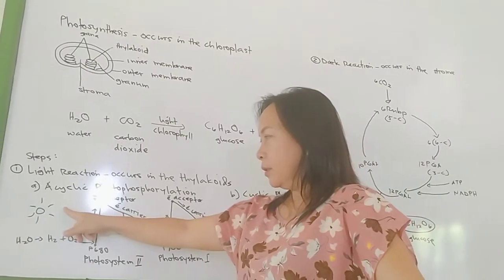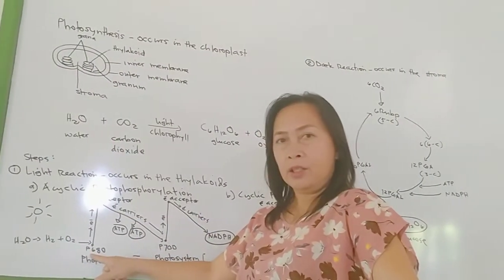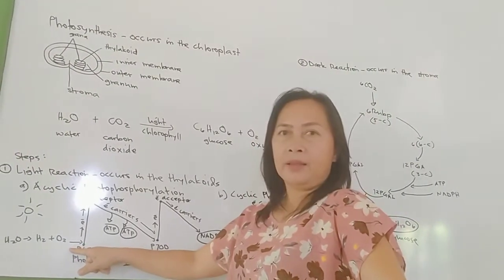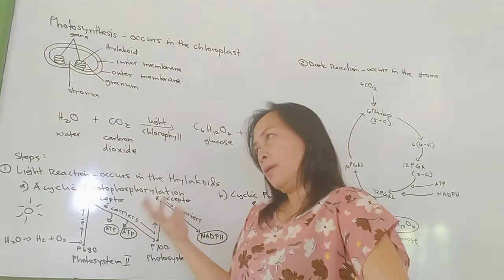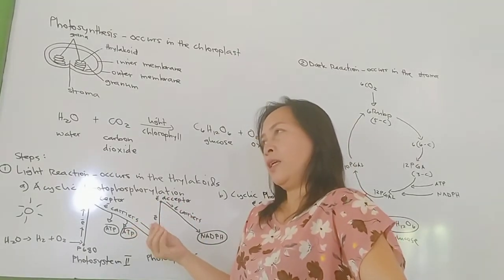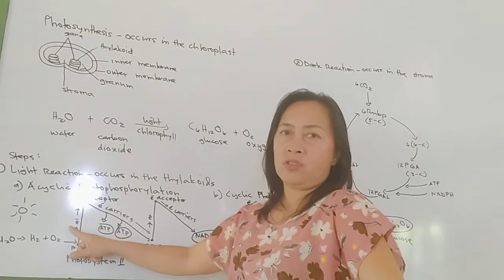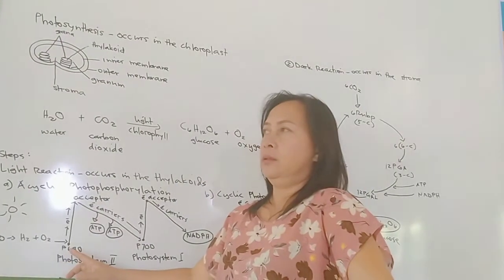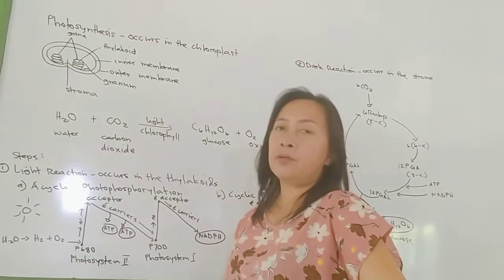Now, when the sun strikes, the hydrogen from chlorophyll will be activated. What is in the hydrogen of the chlorophyll? We have electrons. Electrons are the particles that are said to be participating in the chemical reaction.